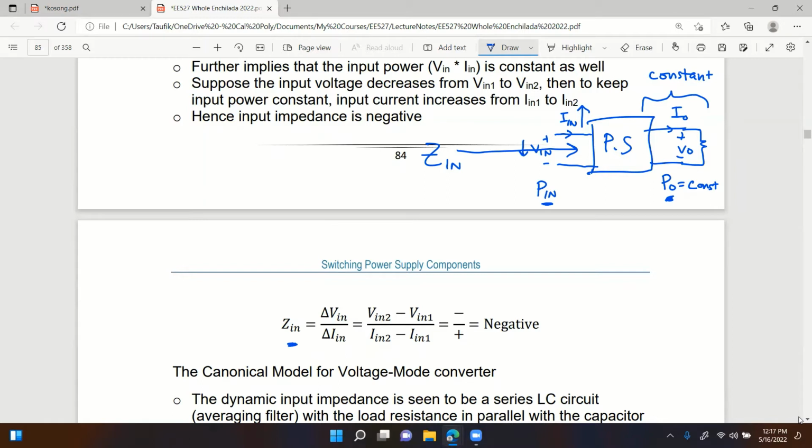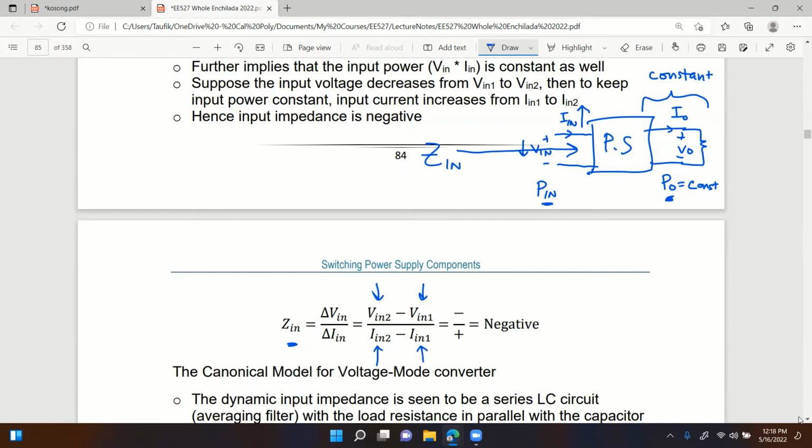So mathematically, delta V in can be expressed in terms of V in and I in. The change of input voltage can be expressed as follows: V in 2 minus V in 1, right? The new value minus the initial value, and then delta I in is equal to the current value after the change minus the initial value before the change, right?